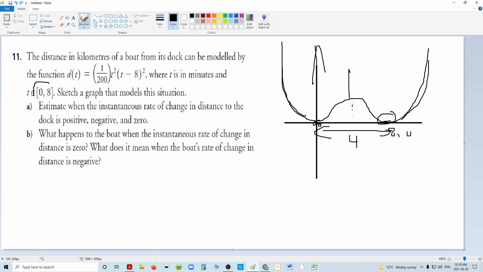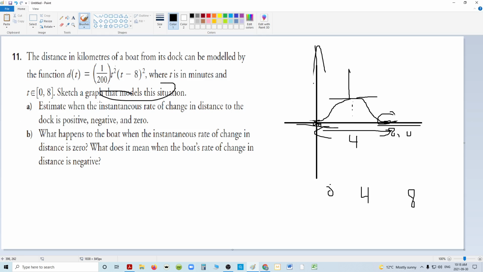They also put a domain restriction, 0 to 8, so they're only concerned about this part of the graph. That part of the graph. So that tells me that the boat left the dock at 0 time, went the furthest at 4 minutes, and came back after 8 minutes. It also tells me it hit a max there and has a couple mins here. It's really a lot of information.